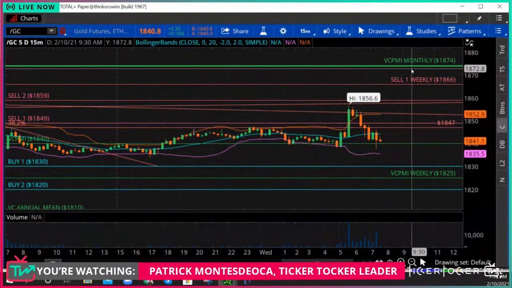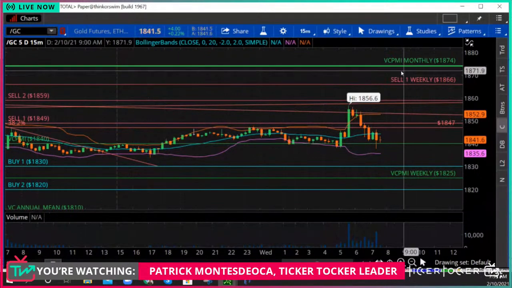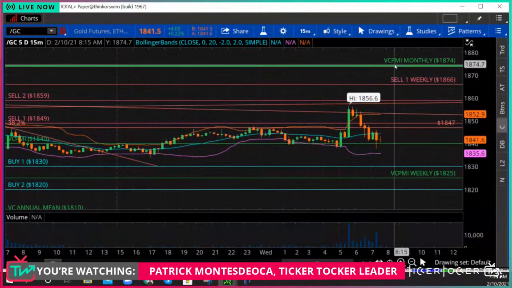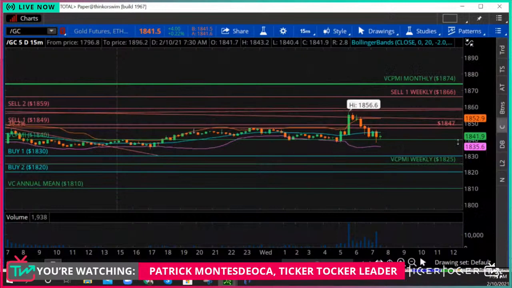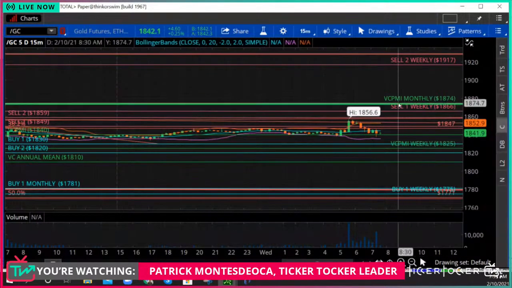The 1874 is a formidable pivot level that is very indicative of the power of the demand behind it, that would be able to take the market above that. Pretty much right above that, there is hardly anything.